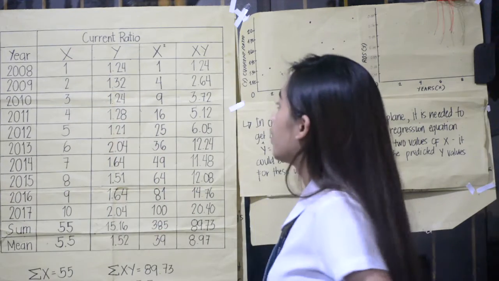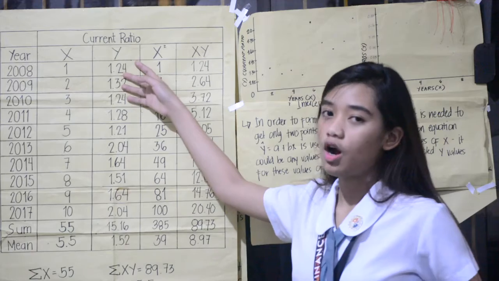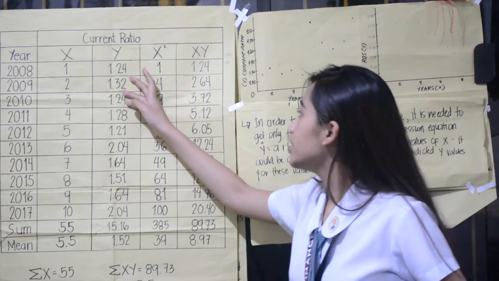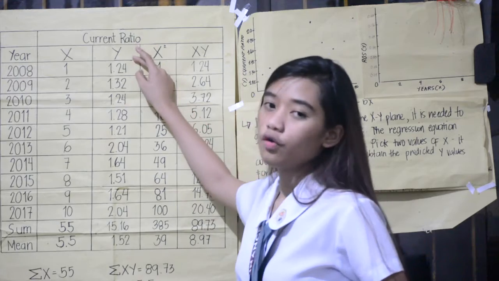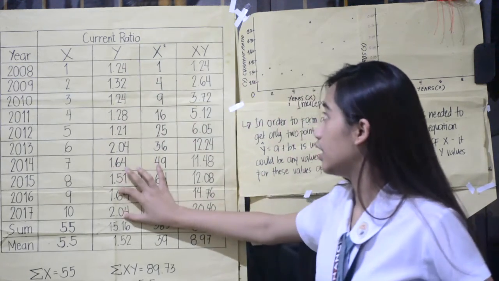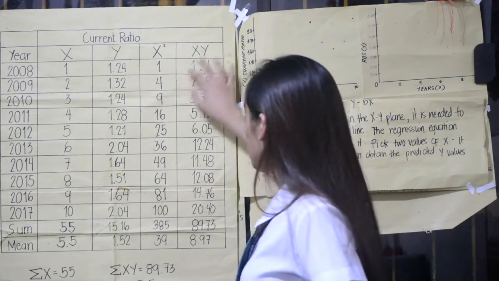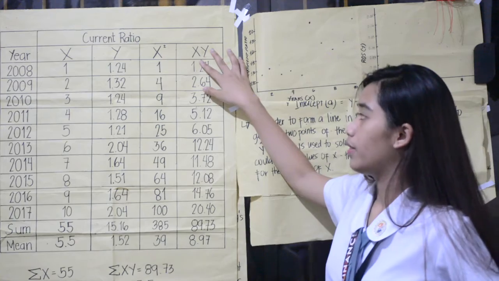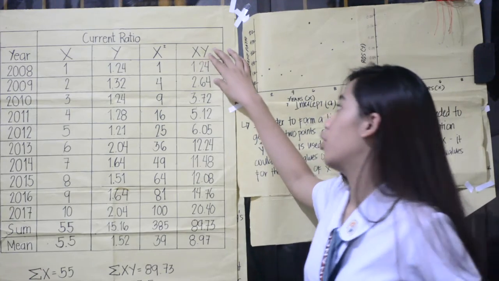On the third column, the amounts on the particular account represent our y variable, which is the current ratio from 2008 up to 2017. And for the fifth column, it is the product of the x variable and the y variable.